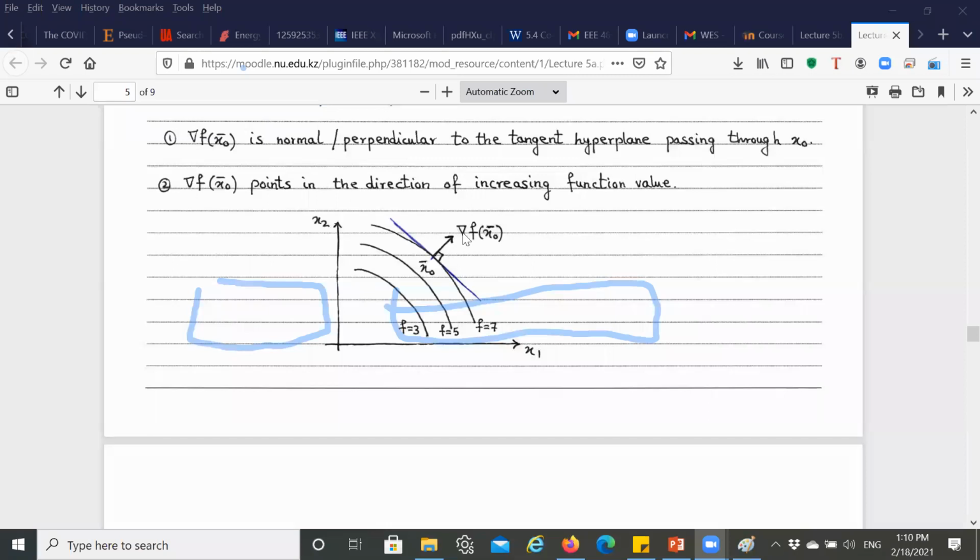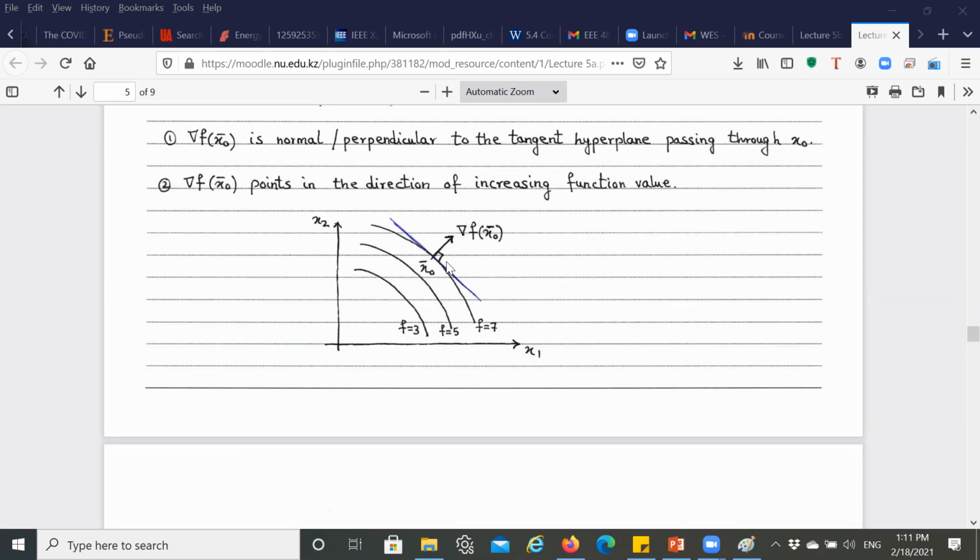The gradient is always perpendicular to, what is this blue line? Tangent, right? So that means this will always be pointing to the direction in which the function is increasing.